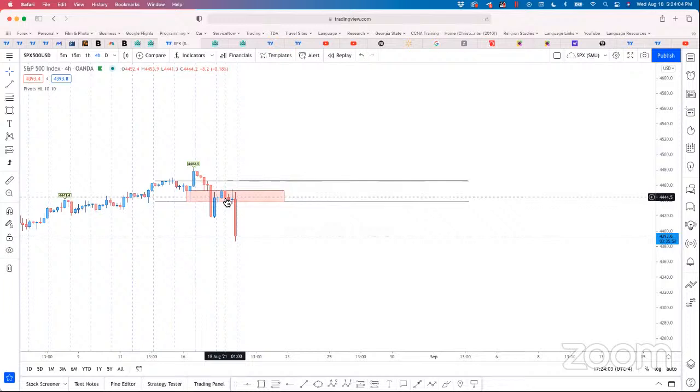This candle is the start of London, right? This candle is the pre-New York candle, right? This candle is the New York candle, right? So these three candles are where the majority of the traders are going to be trading, right?